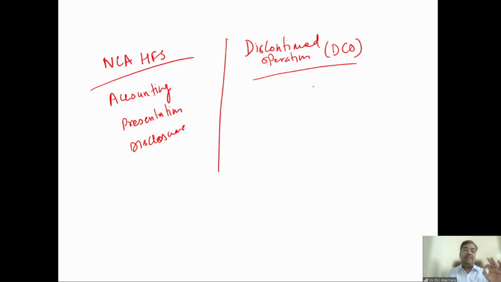And I'll start with an example. For example, I am having a factory in Lawrence Road. I am having a factory building, and inside the factory building, I have some machines, some furniture and fixtures, office equipment, and some raw material also.